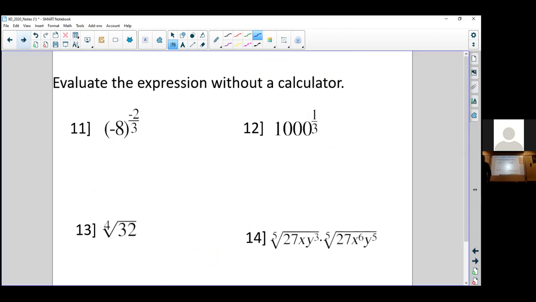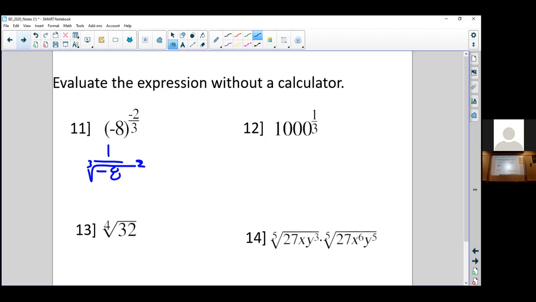Okay, evaluate without using the calculator. First, it's to a negative exponent, so it's going to become this. Third squared. Hey, why did the 8 stay negative when I moved it down? Anyone know? It's grouped. And the negative with the number doesn't switch signs.